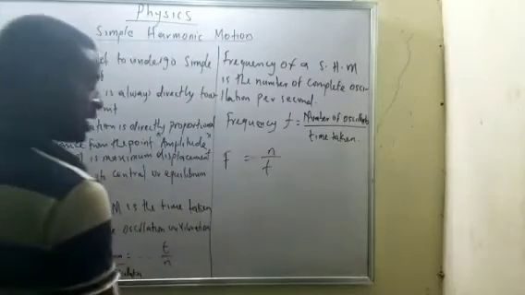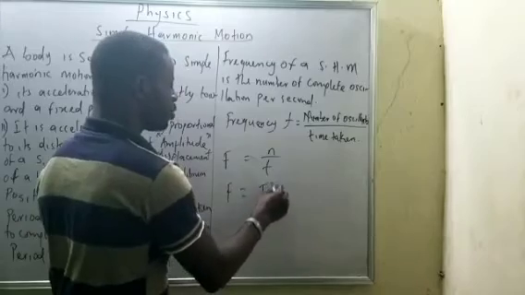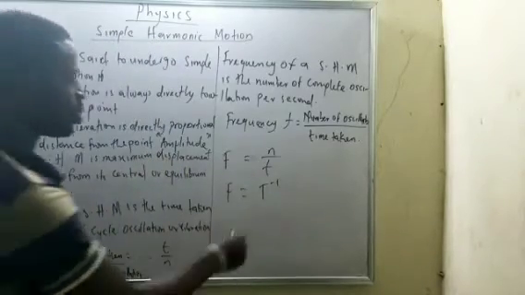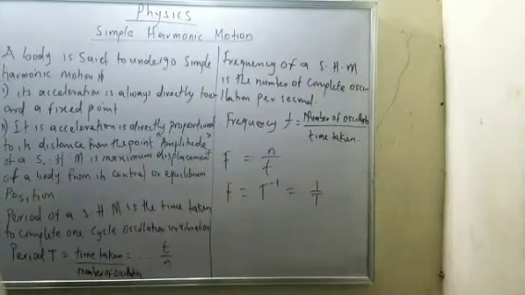Now, mostly I consider my frequency equals my period inverse, which means 1 all over the period. Please take note of that.